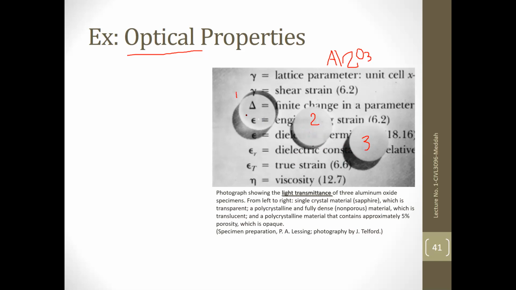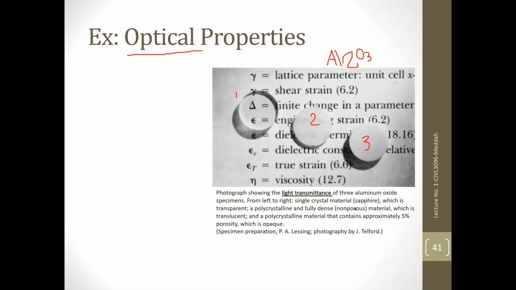So the first one is the best, the second one is less, and the third one is the worst, or the least, or nothing. So what's different here between the three specimens which are made with the same material, alumina? So the material is the same. What is different here is the structure of the material.